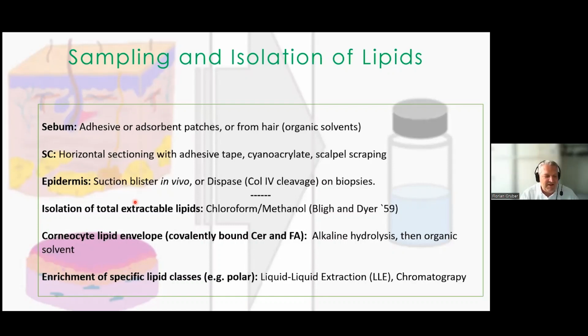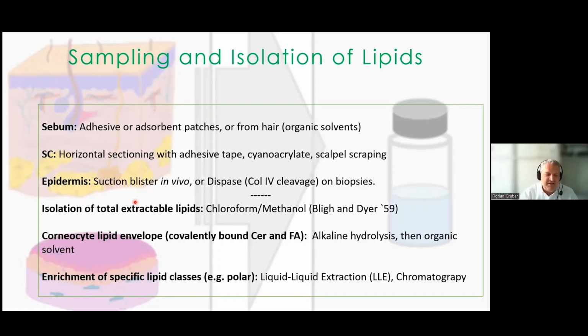Organic solvents are used for most samples, also including cultured cells. These extraction protocols are derived from very simple and very old classical methods based on chloroform-methanol extraction, for example the Bligh and Dyer method or the Folch method.